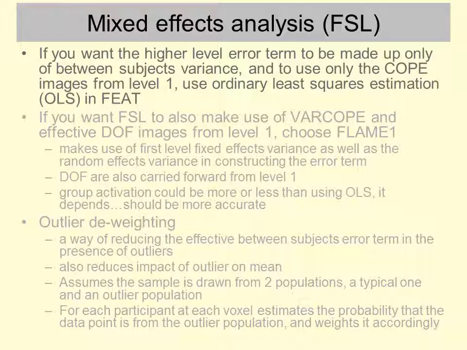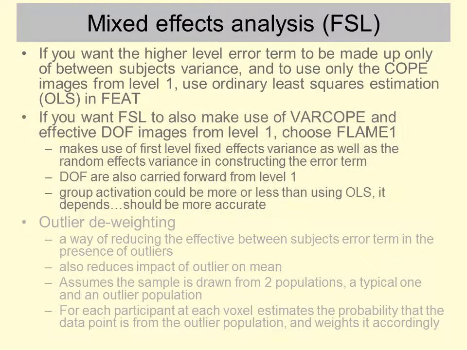The advantage of that is that it runs faster than the others. So if you're just trying out a lot of different analyses to see what works best, and you're varying other things, then you might want to try this method just because it's quick.